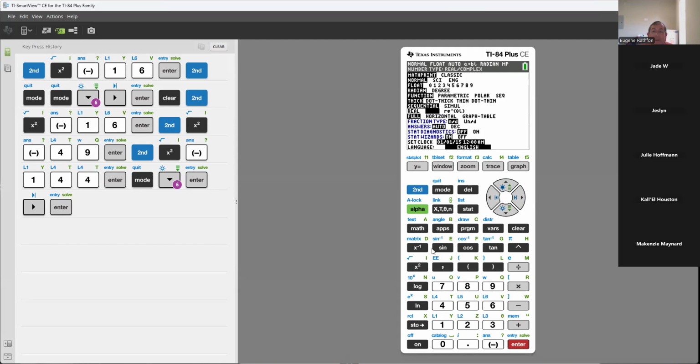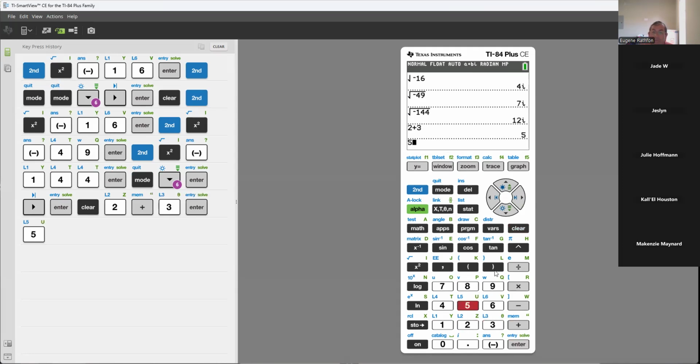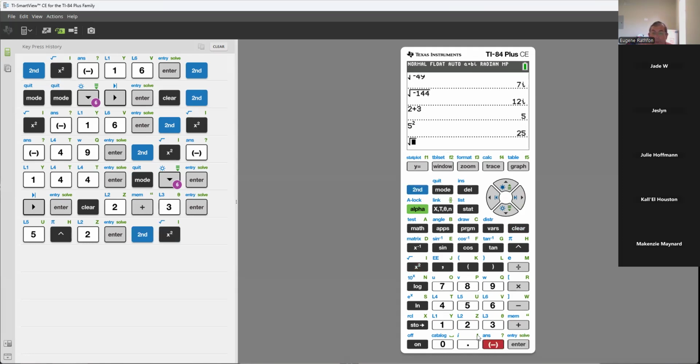And you can actually leave it on that if you want to. It's not going to hurt nothing else. You can still do 2 plus 3 and get 5. You can do 5 squared and still get 25. But what it does now is it lets you take square roots of negative numbers. Second square root. How about negative 1?